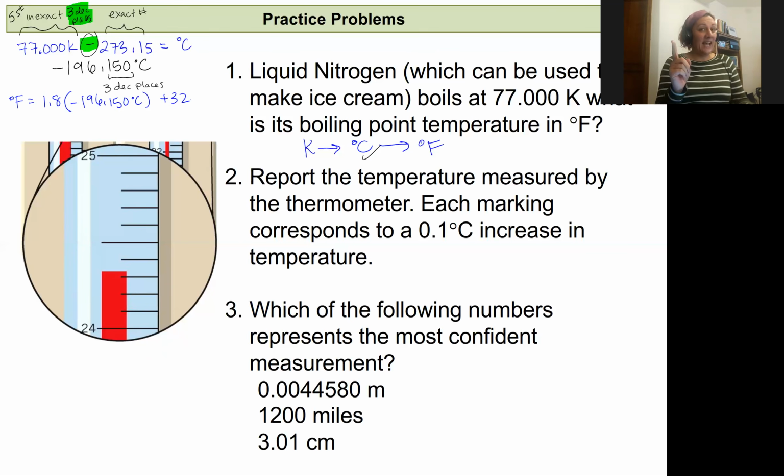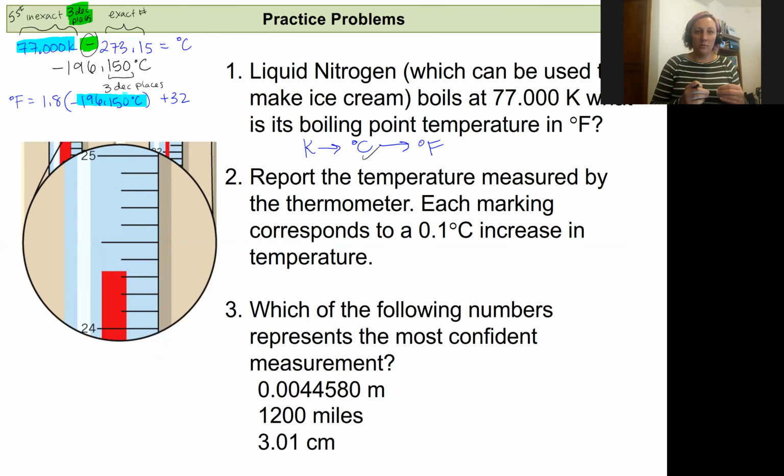Now I only have one inexact number here again. Here, I'll highlight it. So here's my inexact number in my first step, and now that number that I get from my calculation is still inexact. It still has a number of significant figures. That 1.8 and that 32 are part of the definition of how to convert Fahrenheit and Celsius. So they're exact numbers in this case.